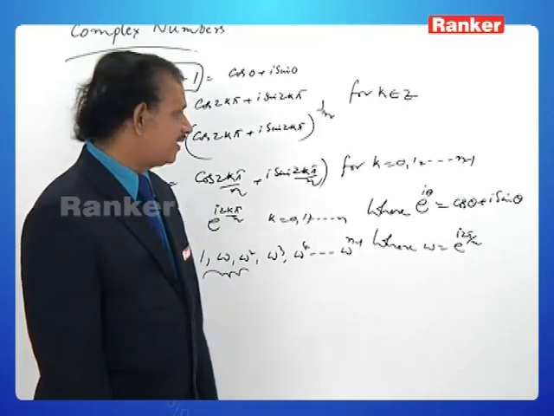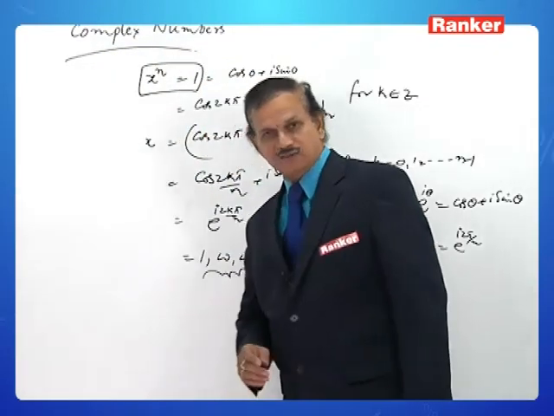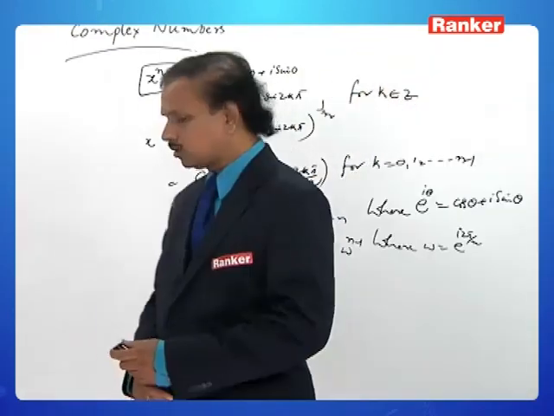And while finding these nth roots of unity, we could have made use of one beautiful concept, namely de Moivre's theorem. What is that? Let us have a look over that.